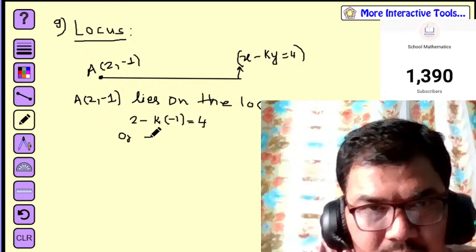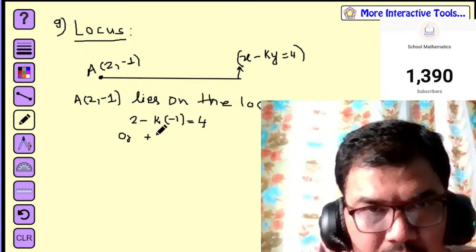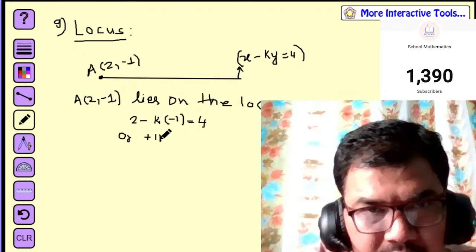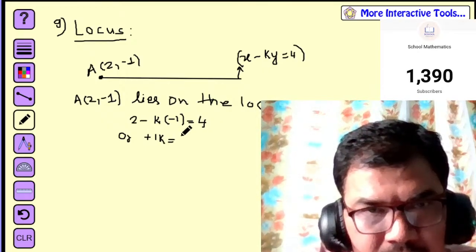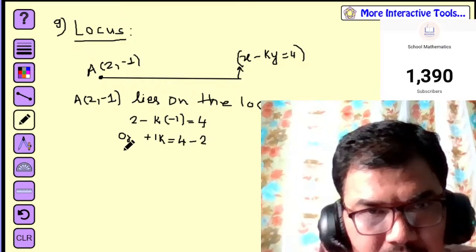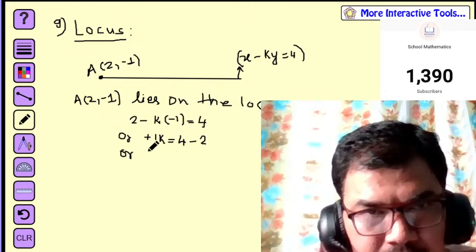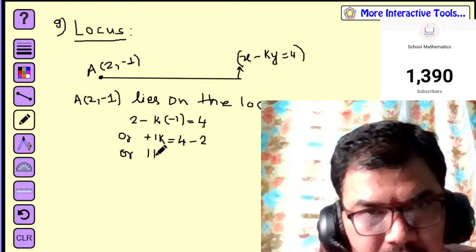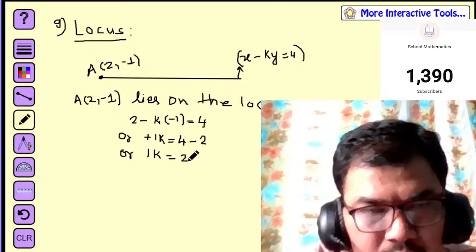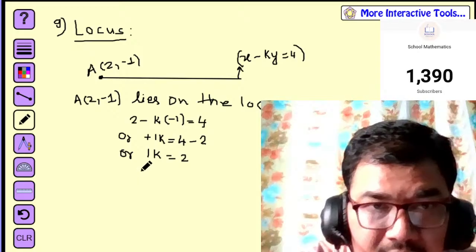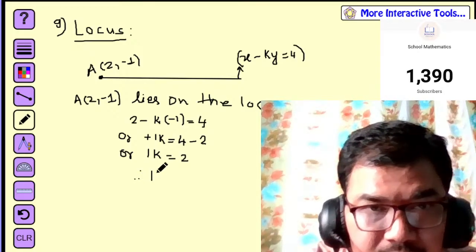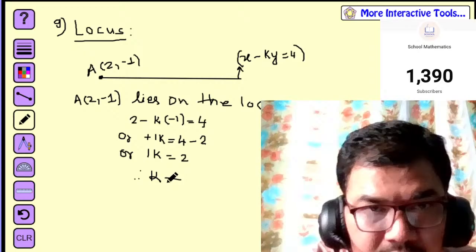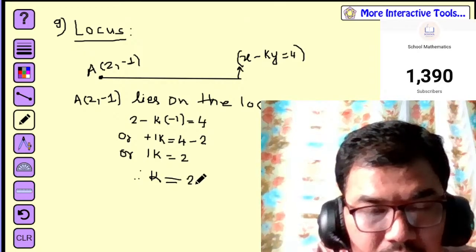See here, this will be plus 1k now, right? Minus minus is plus, equals, this 2 comes to the right side. It will be 4 minus 2 right here, and here is remaining 1k only, right? 1k equals 4 minus 2, which is 2 only. Like this we found the value of k. Therefore the k value is 2.